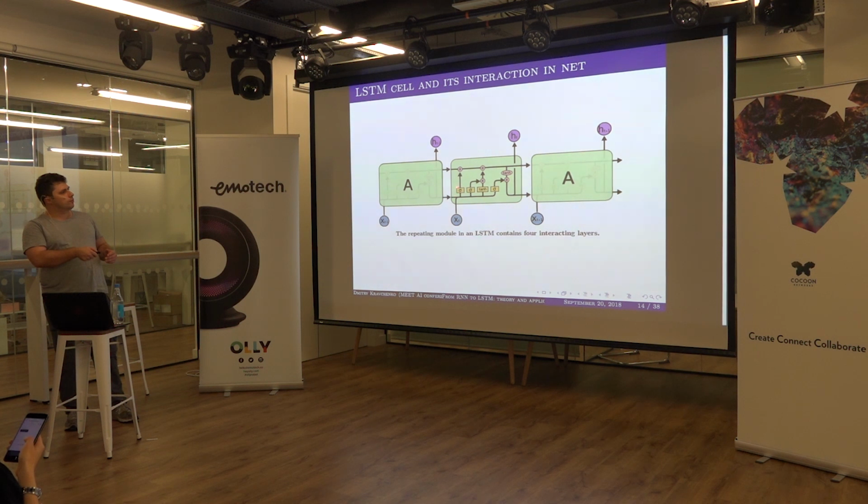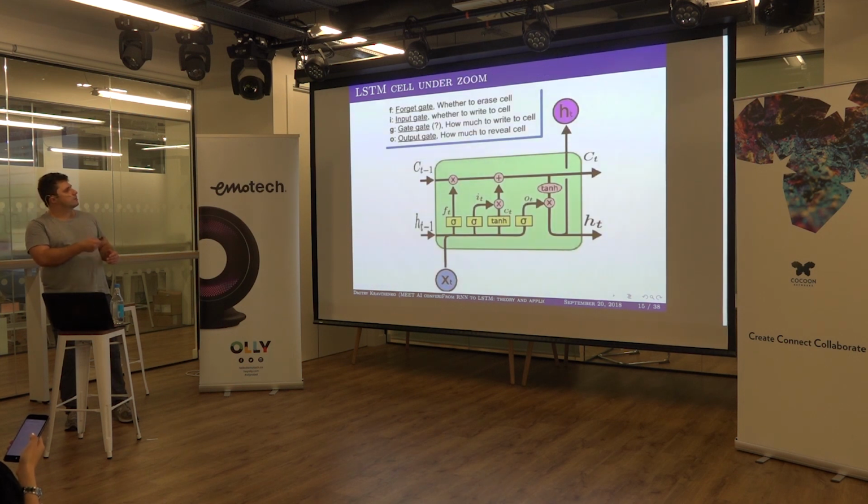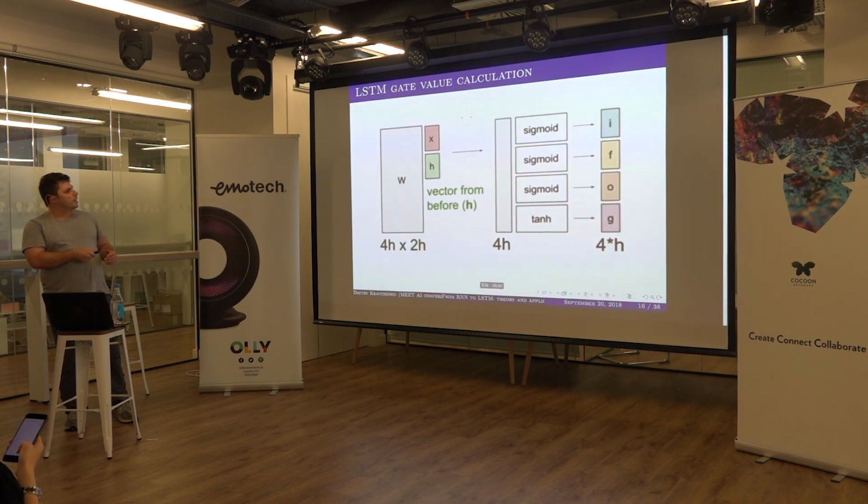This one is for the forget gate. This is for input, and this is for output. So these are 4 gates, and this is the matrix.